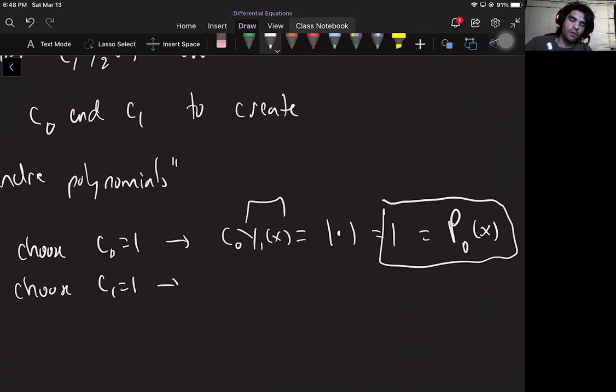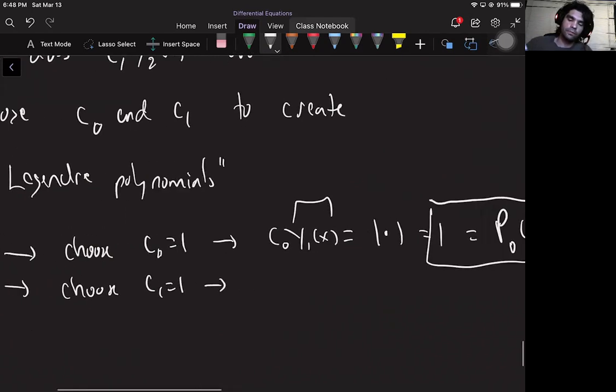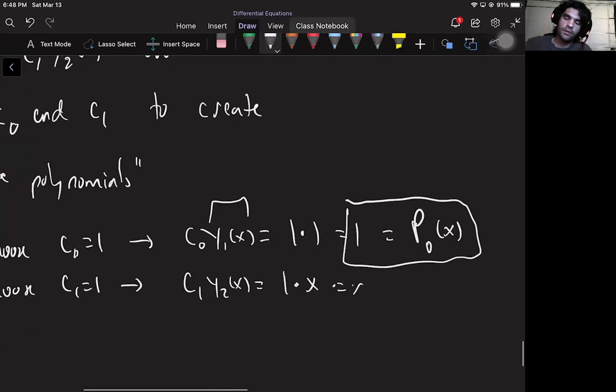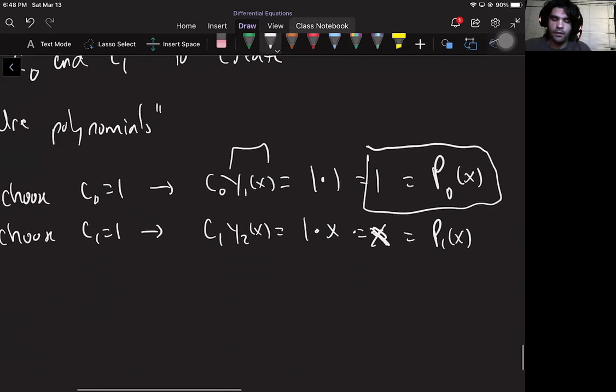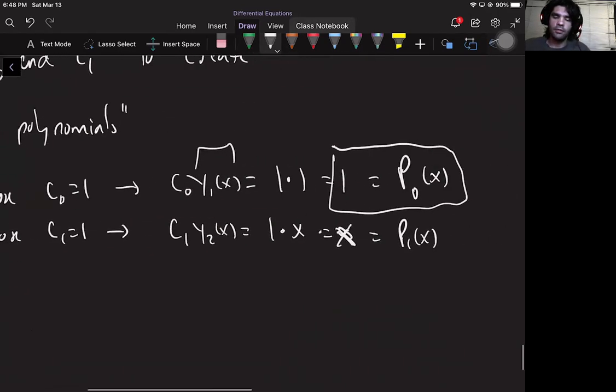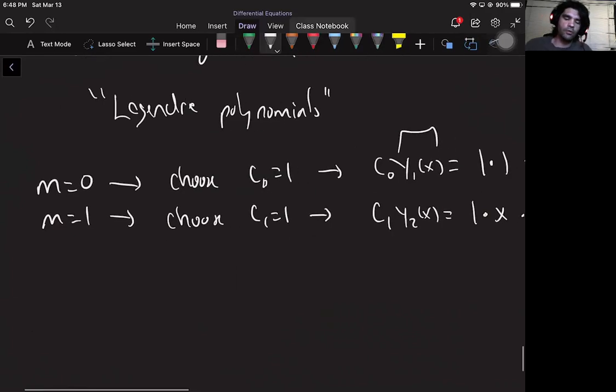Okay, so what about if m equals 1? Then this is just 1 times x. It's x, and this would be P1 of x. Okay, so then the C's become a little bit more complicated.